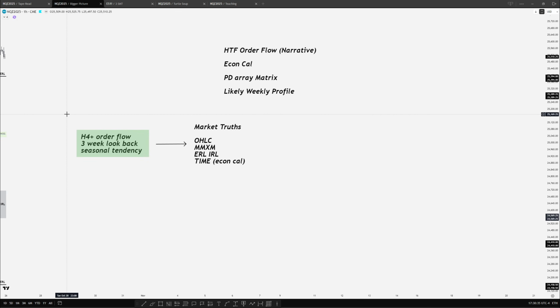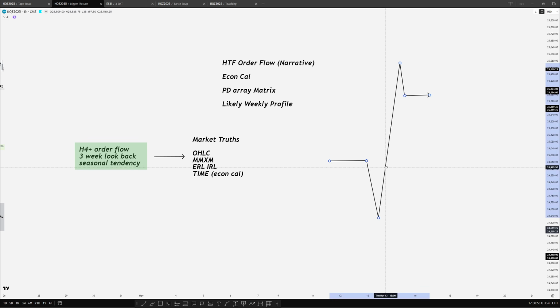You're now going to incorporate different sections of the PD array matrix and the economic calendar to figure out what days are likely to be within, basically making up the complex of the weekly candle. So we're going to break down the weekly candle into 4 different sections using the standard open, low, high, close.